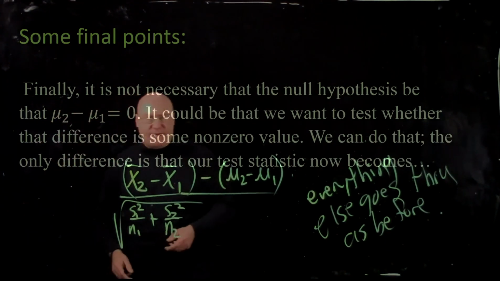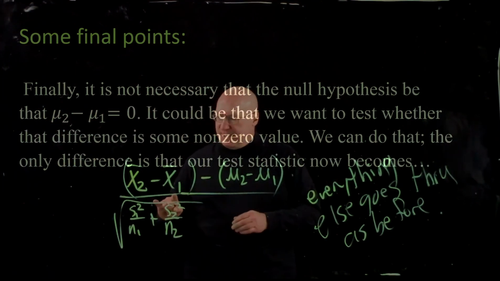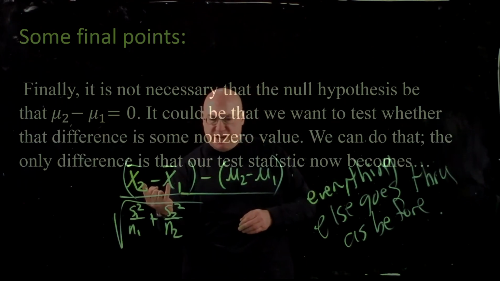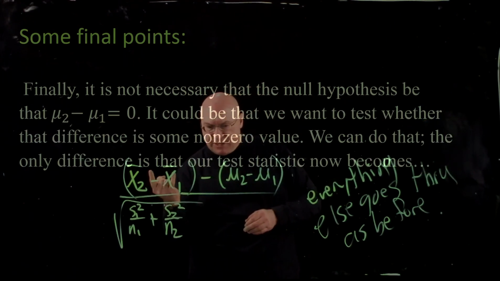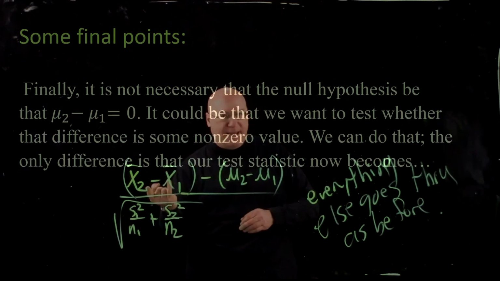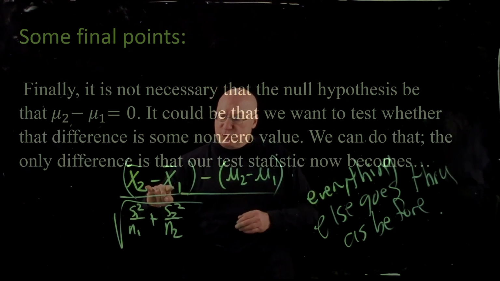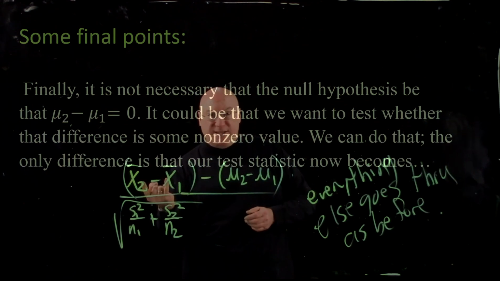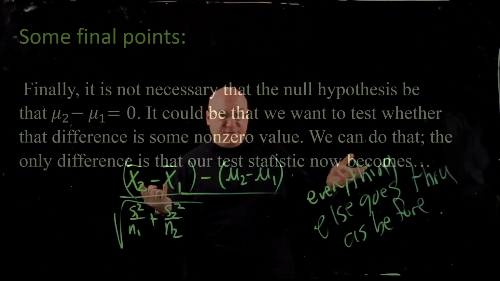I guess the other thing, I didn't write this down, is that a lot of textbooks might have the difference switched around. They're doing x1 bar minus x2 bar instead of this way. It absolutely does not matter which way you do it. It's just that if I'm doing x2 bar minus x1 bar and I have a right-tailed test, if you do x1 bar minus x2 bar, you're going to have a left-tailed test, right?